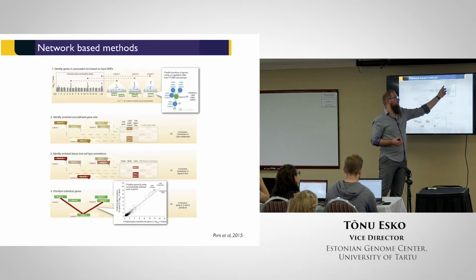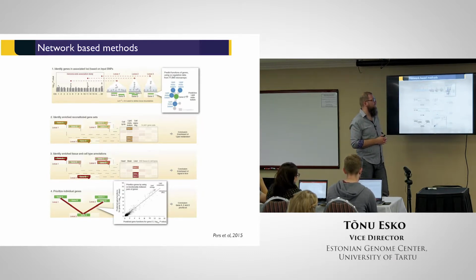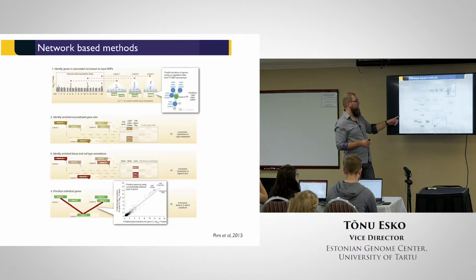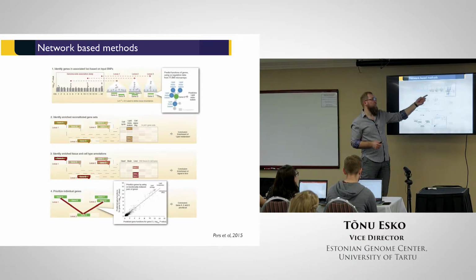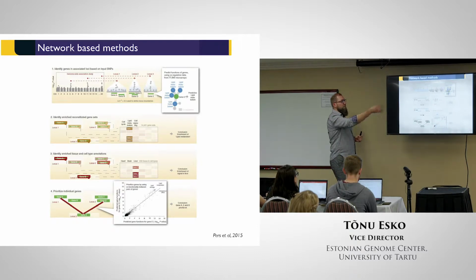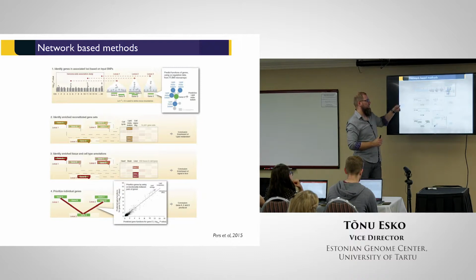And now when you have prioritized the pathways, it's a little bit circular, but you can then use those enriched pathways and pick out the genes that are active in those pathways. So you can first get the pathways and then use the pathways to prioritize the genes in your loci.